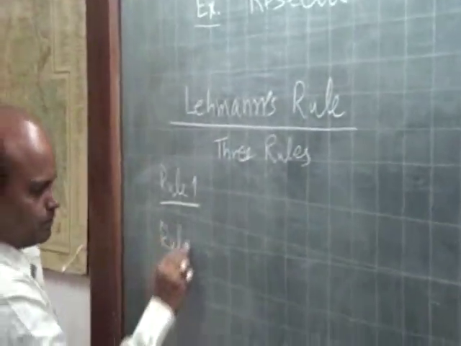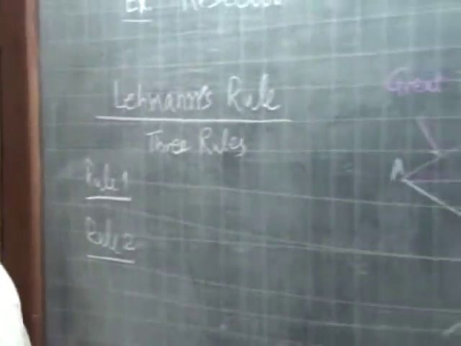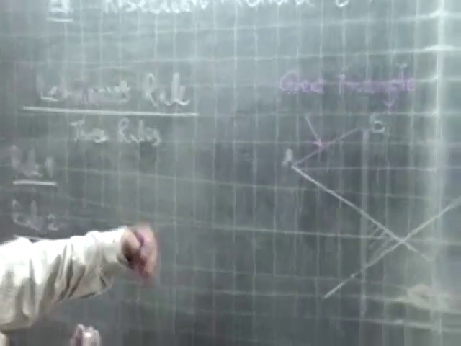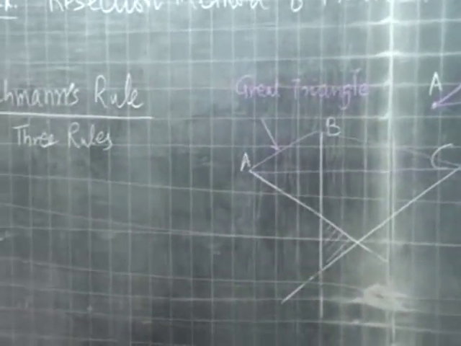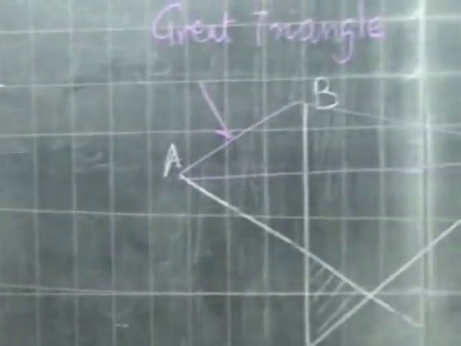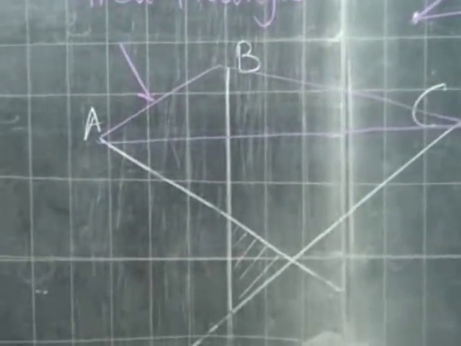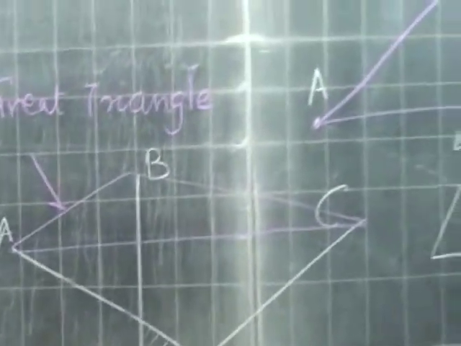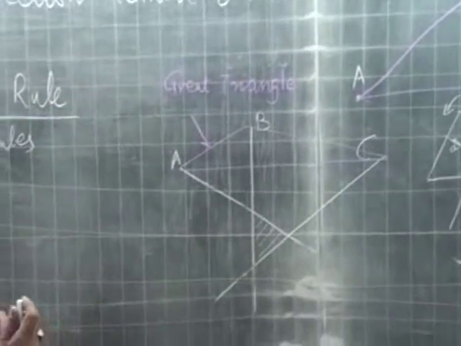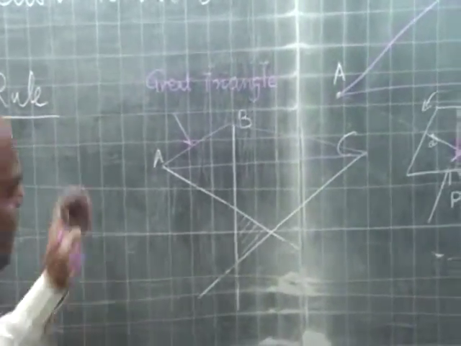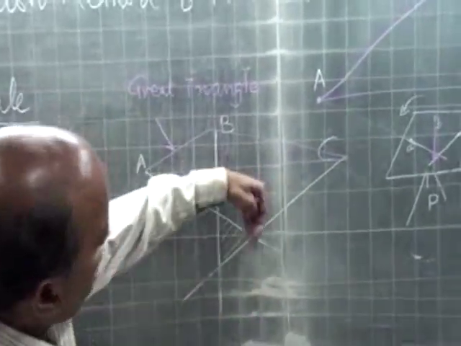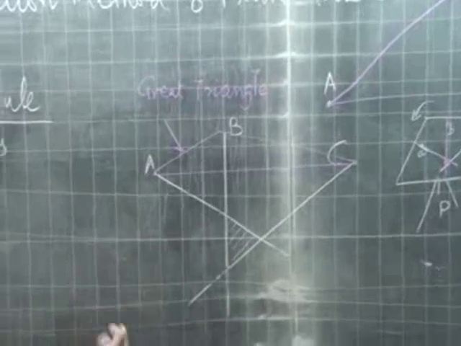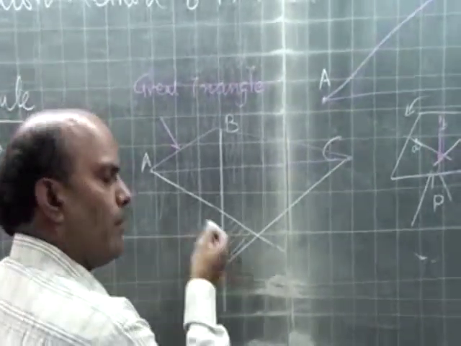Rule number 2. Rule 2 says that if you have to reduce it to a single point, you have to use some kind of a coordinate geometry problem. So you have to select a point in such a way that if all the three rays are intersecting and this triangle is formed to the left side, the point will be on the left side.